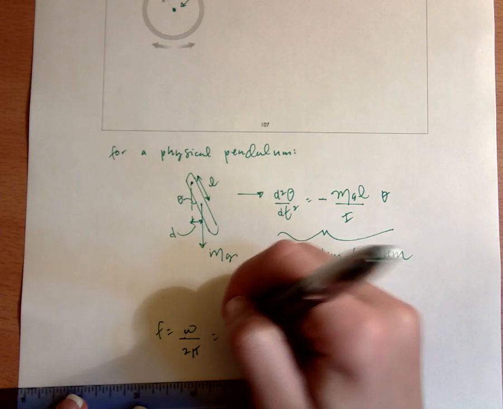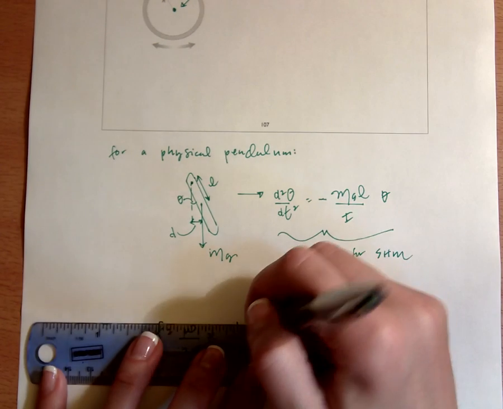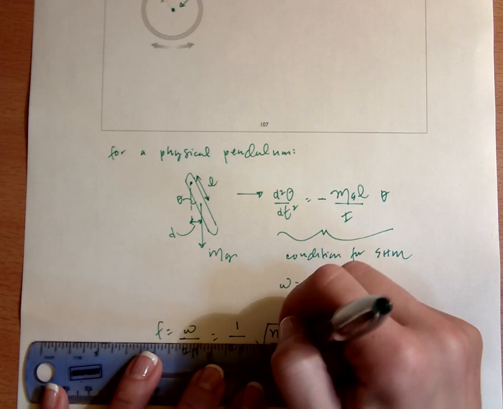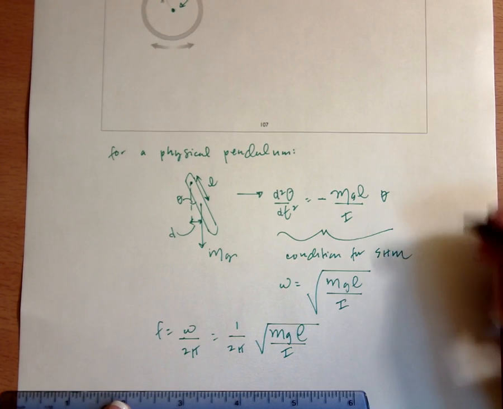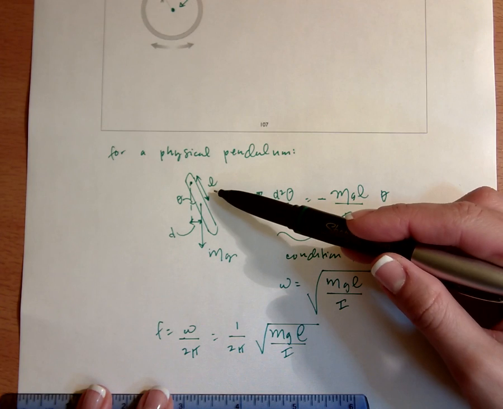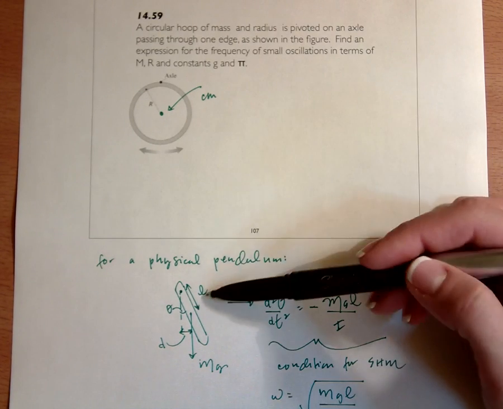So now you have 1 over 2 pi times the square root of mgL over I. Okay, so you say, well, what is L? Because we're talking about a hoop. We're not talking about this physical pendulum picture here.